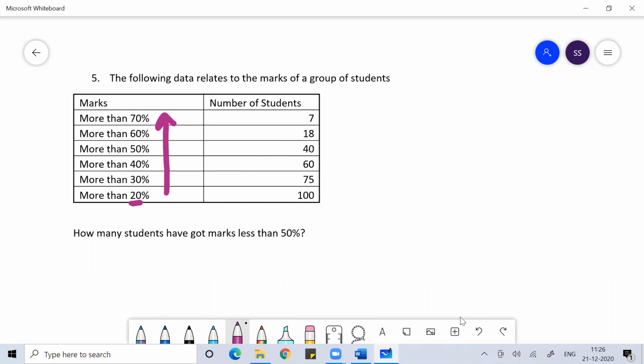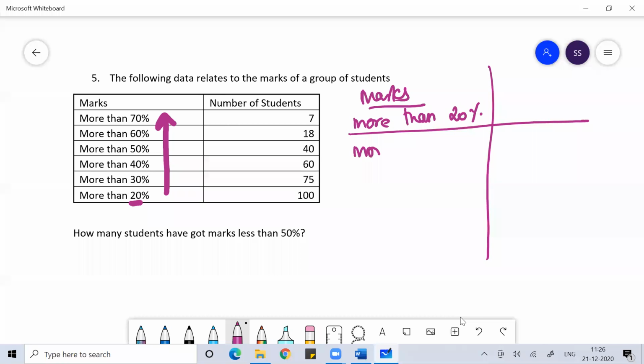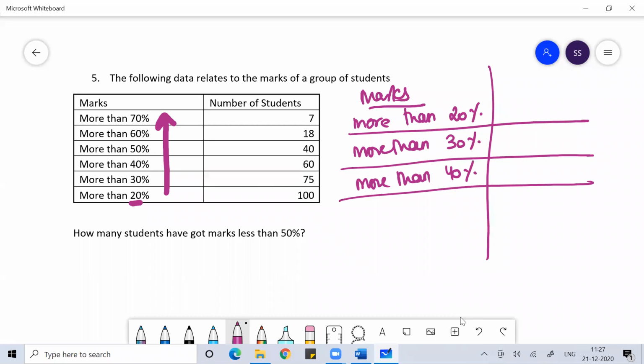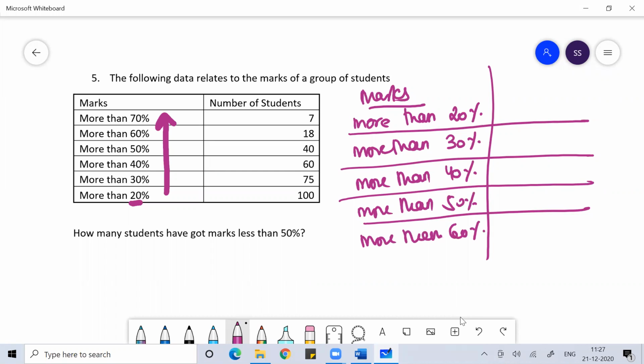The actual way to represent the data here, they're just trying to confuse you, should be like this: more than 20, more than 30, more than 40, more than 50, more than 60, and more than 70.